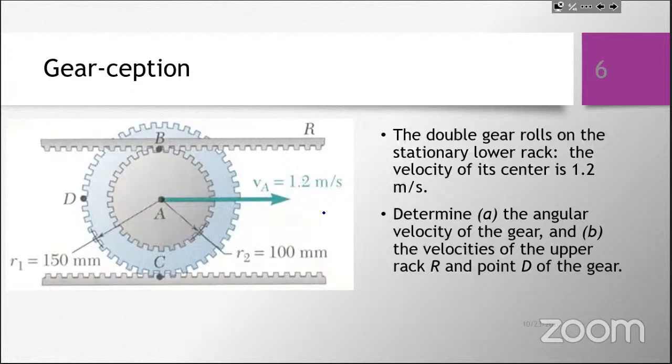So there are a few things that we want to do. Let's draw our diagram. Let me get rid of that for a second.